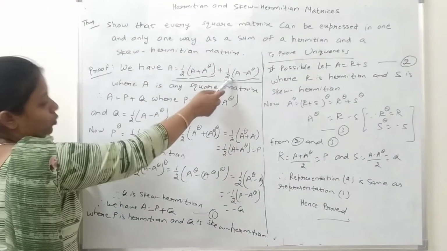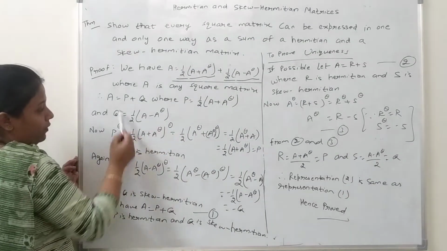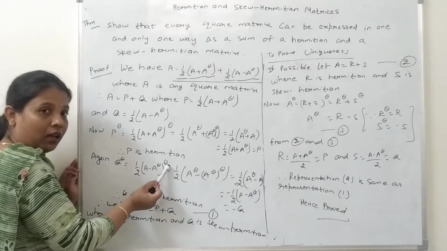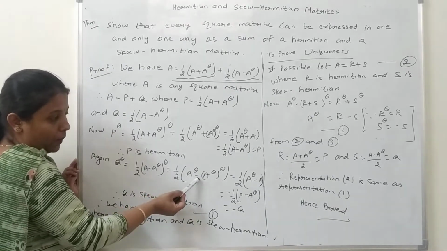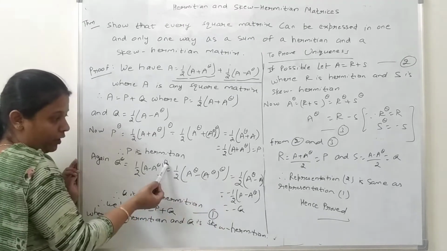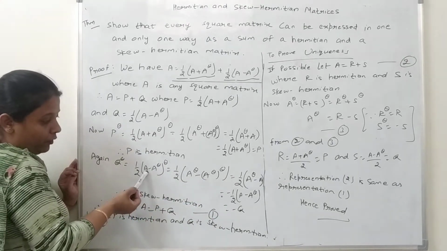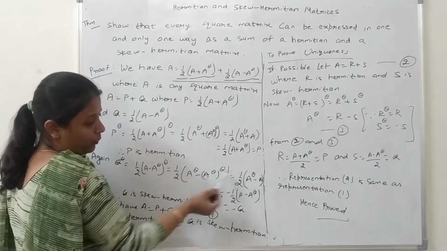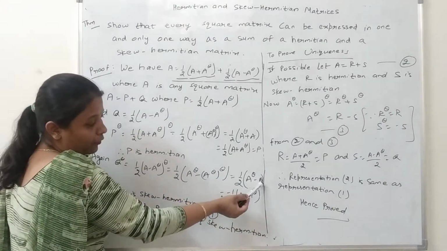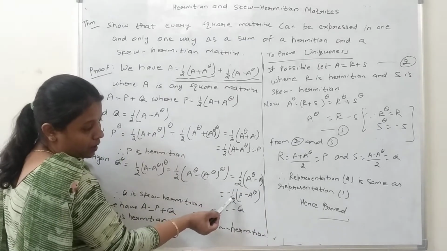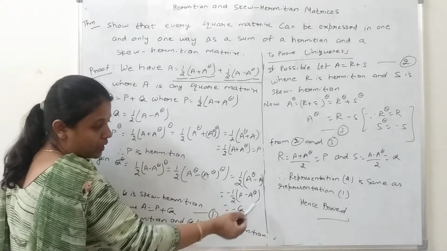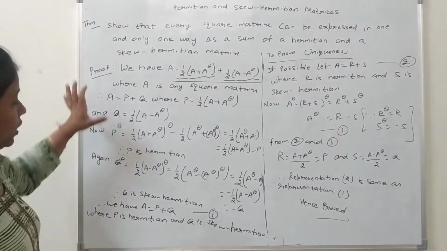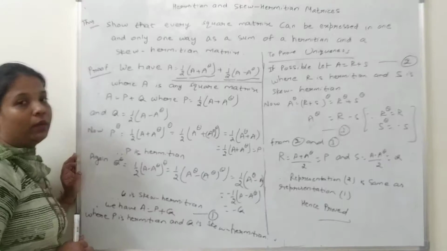Now we will take Q, which is this matrix. I take Q theta, which becomes half (A minus A theta) theta, that is half (A theta minus A theta of theta). When we take theta inside, it comes with both A and A theta. So this is A theta minus A, because A theta of theta is A. Taking the negative sign outside, it becomes minus half (A minus A theta), which is minus Q. So Q theta equals minus Q, and we have proved Q is a skew Hermitian matrix.